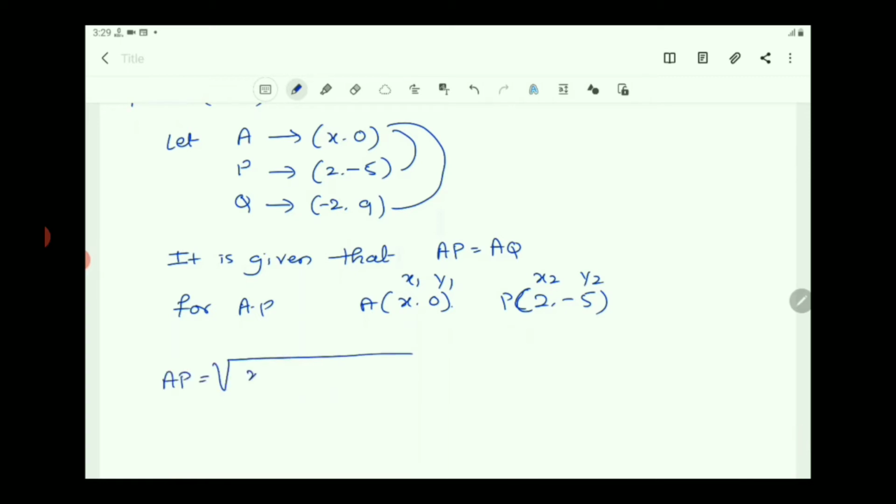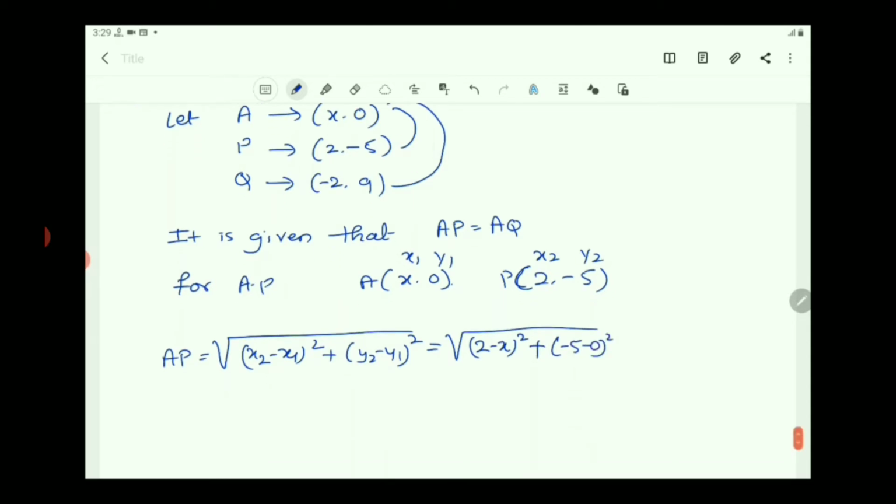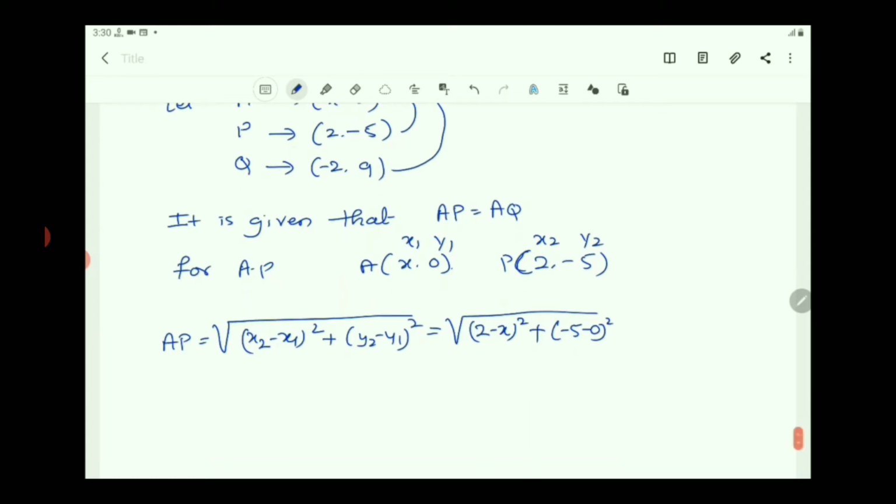Whole root of (x2 minus x1) whole square plus (y2 minus y1) whole square, that equals the whole root of (2 minus x) whole square plus (-5 minus 0) whole square. Write this as it is, let us see afterwards.